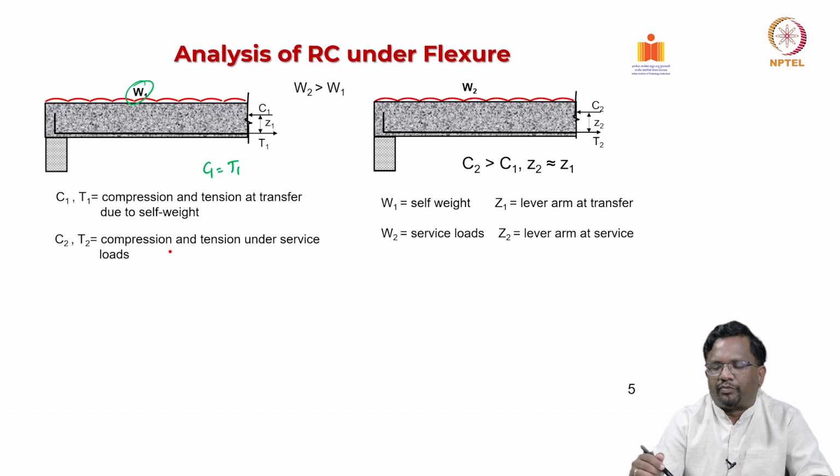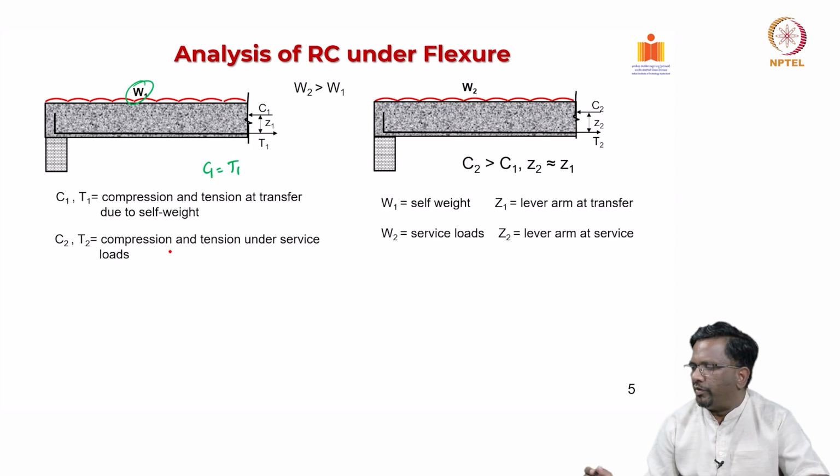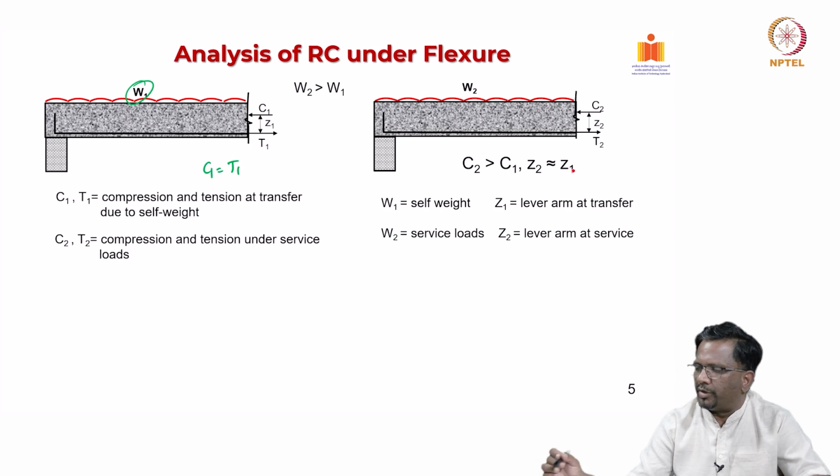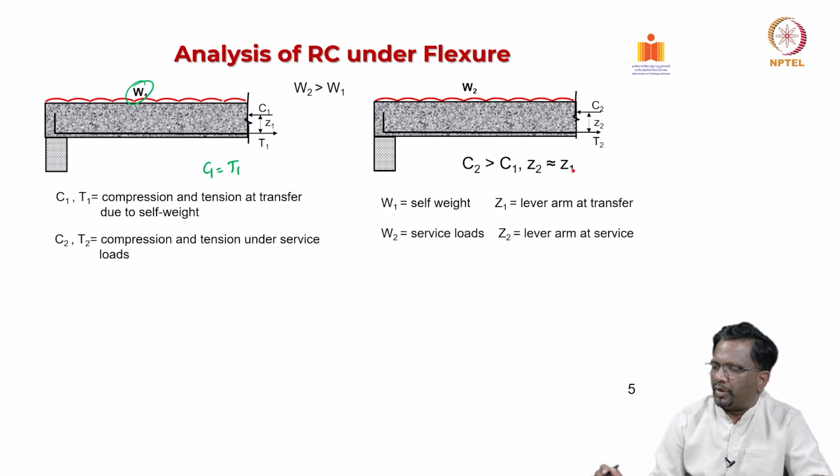So, under self-weight, of course, C1 and T1 will be lesser than C2 and T2. Now, how do we get the resistance? When W2 becomes more than W1, you will find that C2 has to be greater than C1 and Z2 will be approximately equal to Z1 in this case. Okay, this is for a reinforced concrete, right, for a reinforced concrete.